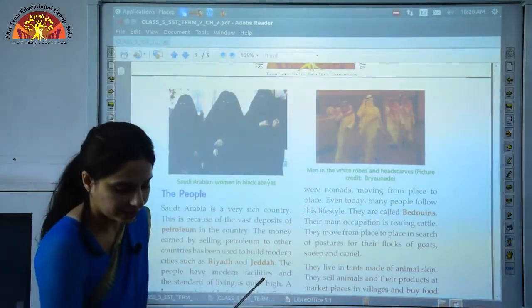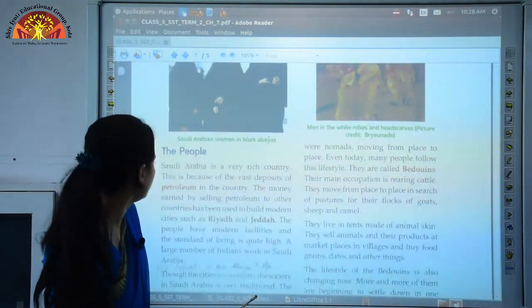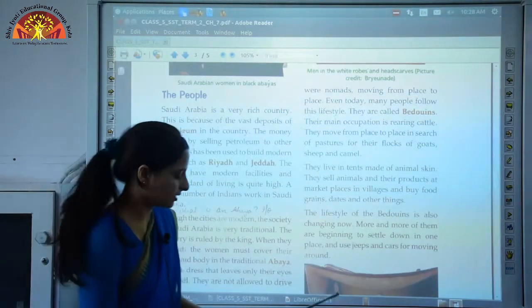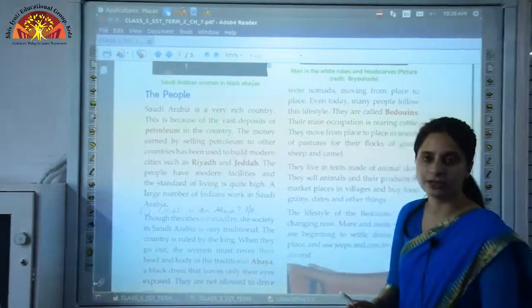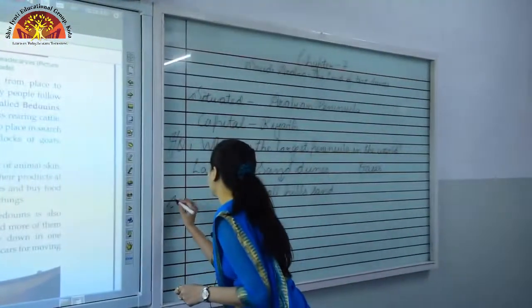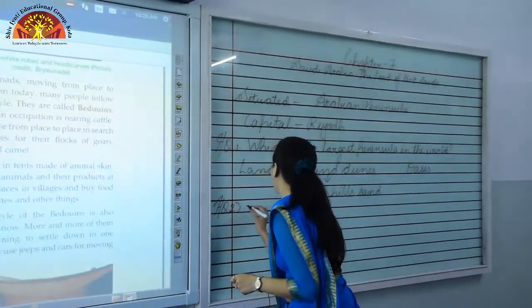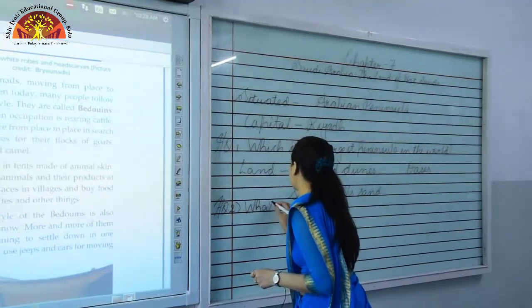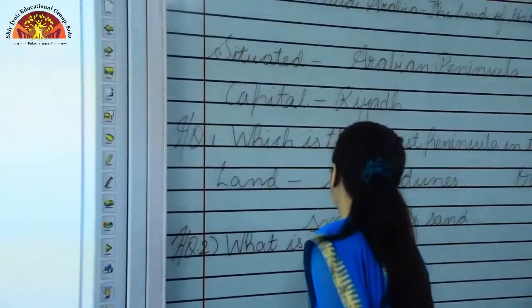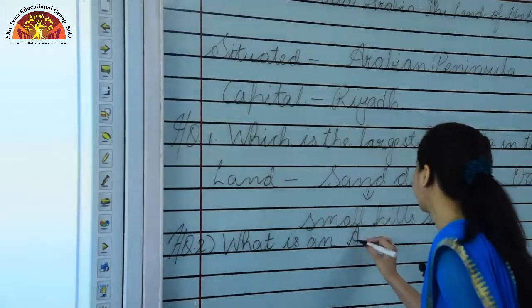Over here you have an internal question, you can write it down, that is internal question number 2. Internal question 2: what is an abaya?